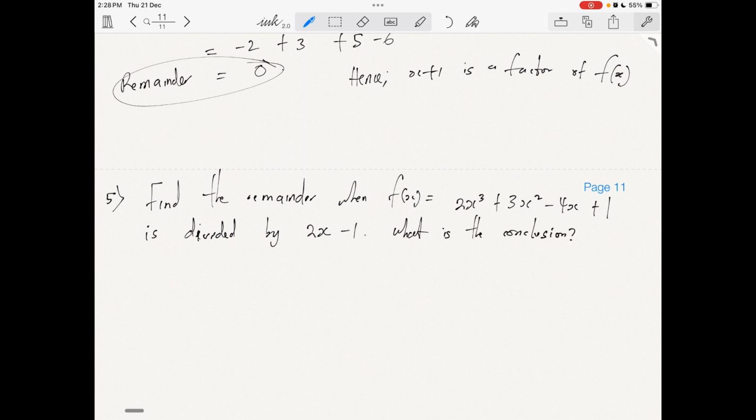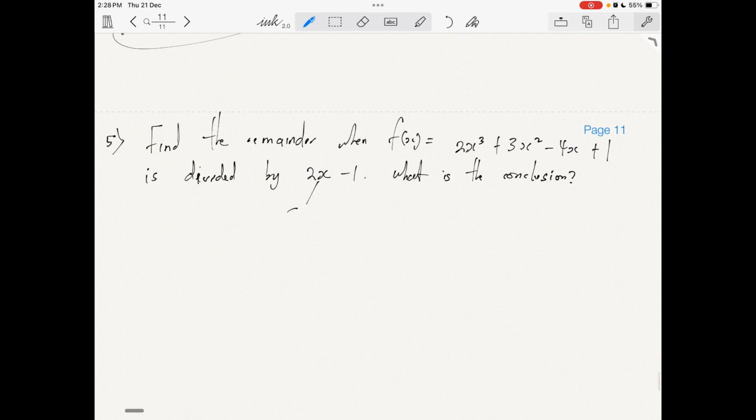We know that this is our divisor and this is our dividend. So we have to equate the divisor to 0, and our x there will be 1 over 2.